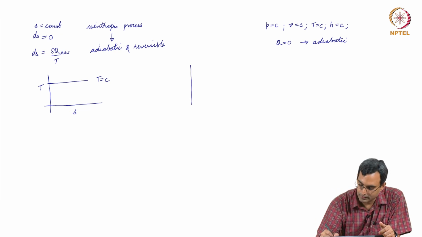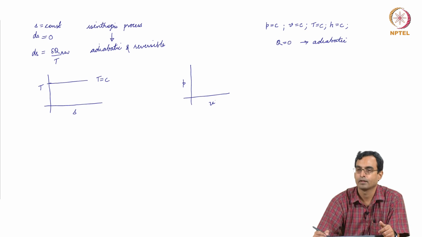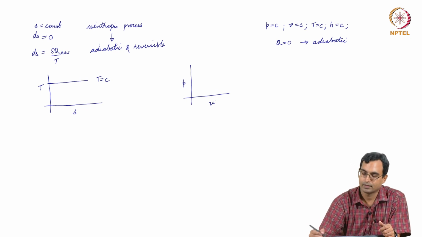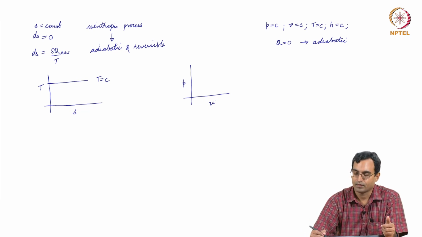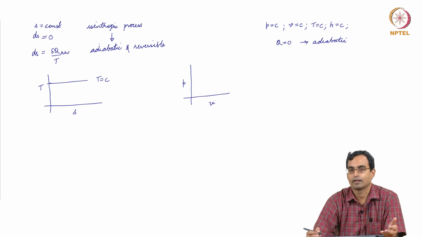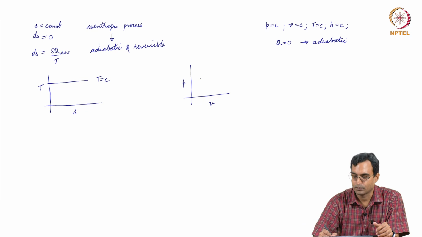We can also look at all of these processes on PV diagrams because we have already seen them. We saw an isothermal process on a PV diagram would look like different things depending on where we are. If we are, for example, in a two-phase dome, then pressure and temperature are both constant and the isothermal process would be a horizontal line.